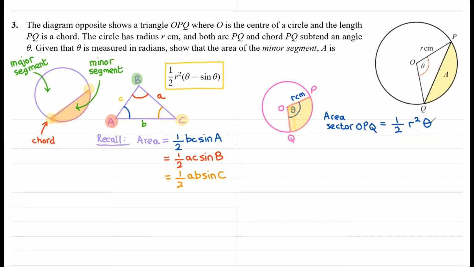Now, what I could do is, what if I just superimpose the triangle OPQ over the top? So if we go back to this diagram here, you can see that there's also a triangle OPQ, which is this triangle here. Now, if I add that to my diagram, so this is going to be OPQ like that. What's the area of that triangle?